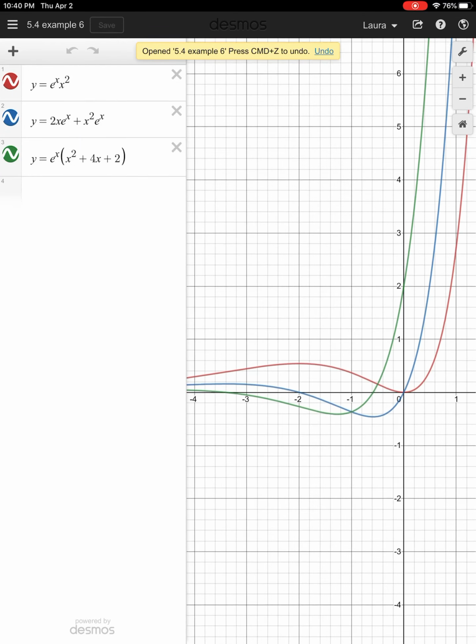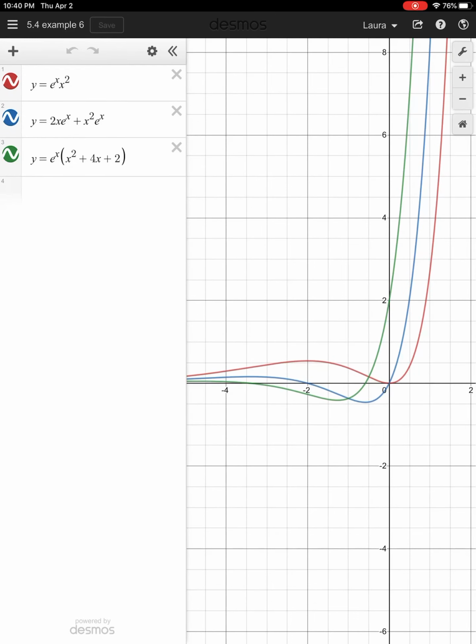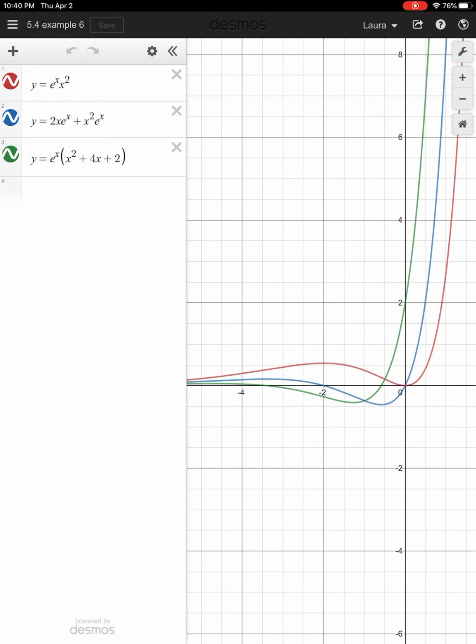I had already put it in, and you can see that the green one is my second derivative. I already put those functions in, and you can see that it changes once here, and it changes once about right here. Okay, so you can kind of see that this one is going to change concavity 2 times.